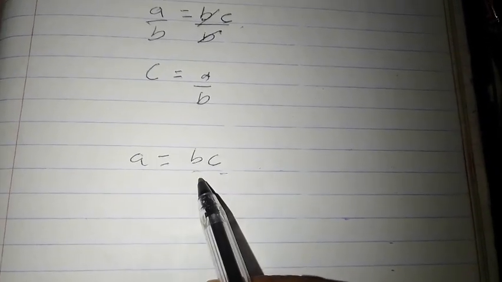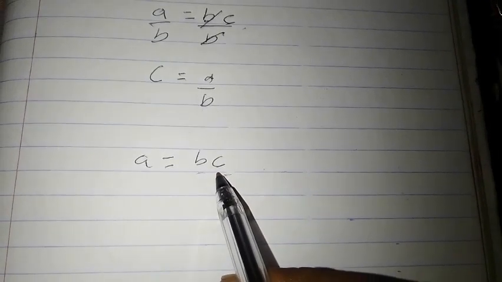We have A equals BC. So A being equal to BC, you see B is here, C is here. So you're going to arrange them such that C will be equal to A and B. So you have seen that A is equal to BC, right?